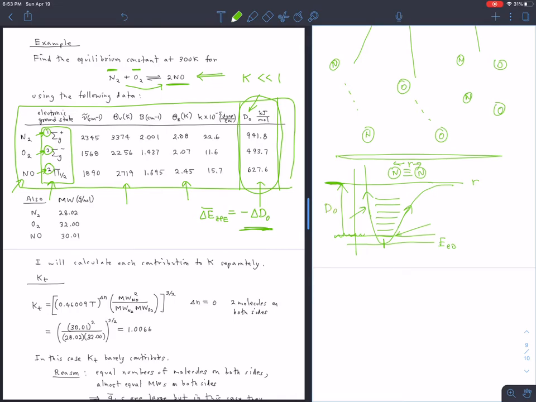And that's, of course, the negative of the energy down if you were taking this to be the 0 of energy up here where the molecules are separated to infinity.